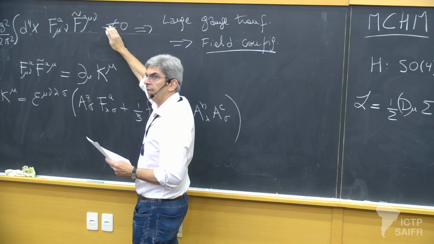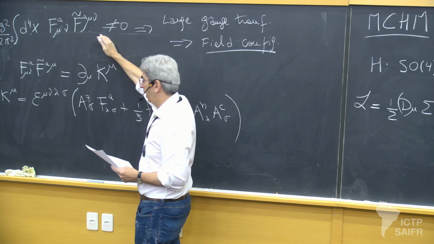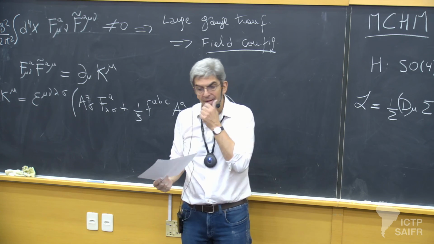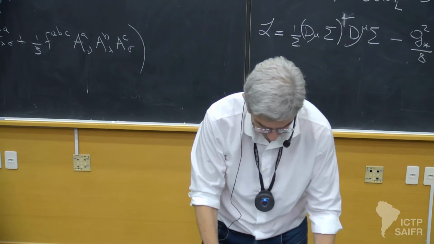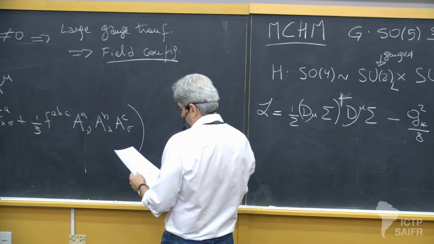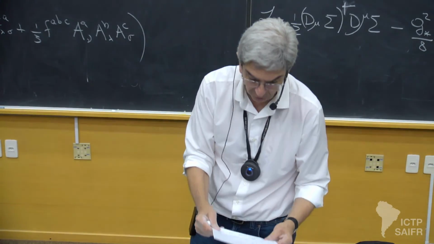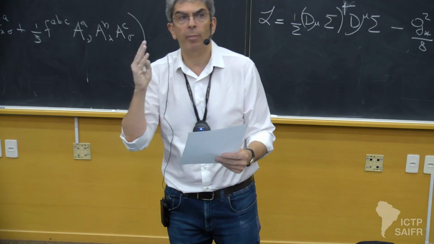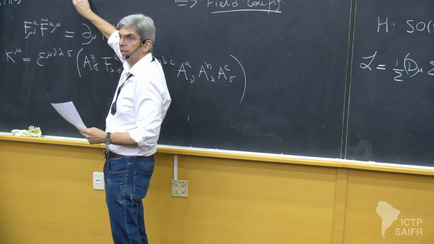And one of the things that you can show is that this integral is going to be proportional to a topological charge, right? And that's the next step. Essentially, when you do the integral, you get a topological charge, which could be zero, in which case the whole thing is trivial, but it could be non-zero. And this has to do with the topological structure of the gauge group that drives this object here.